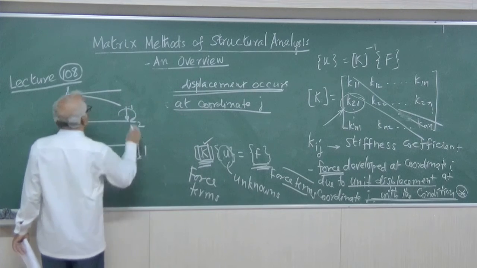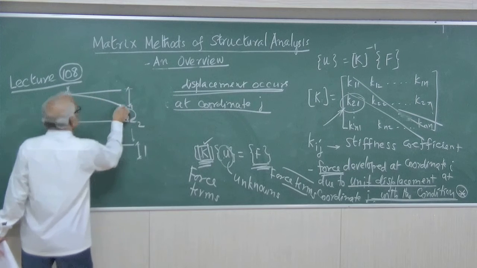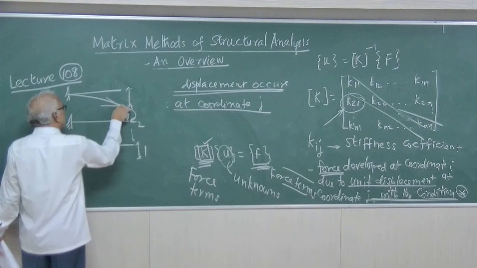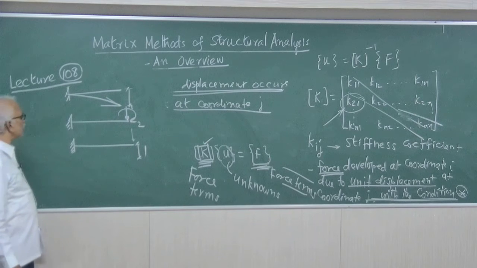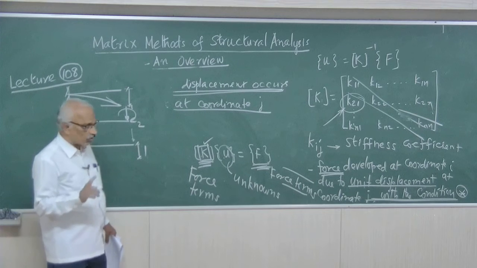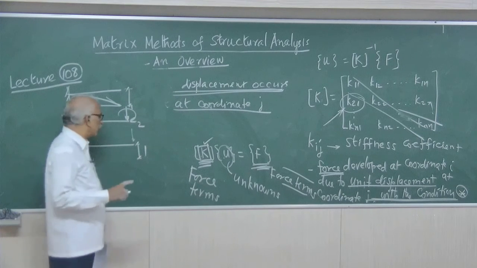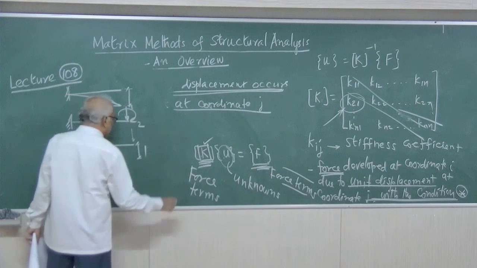Now, here you will have displacement as well as rotation. When you apply a unit force along coordinate 1, there will be displacement as well as rotation at the free end. Now, according to the definition of the stiffness coefficient, when you apply vertical displacement, you should not allow rotation.